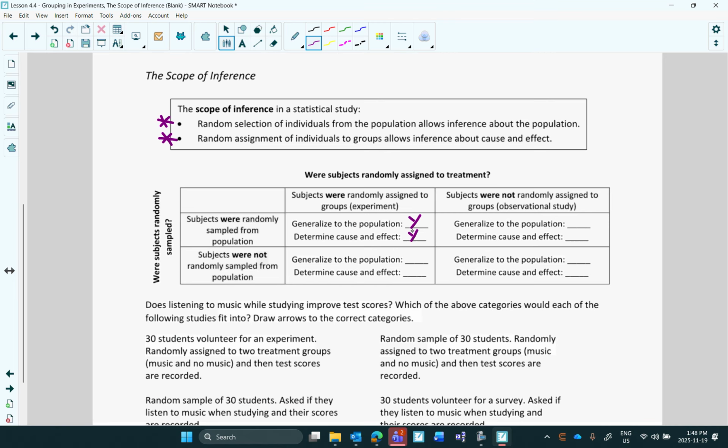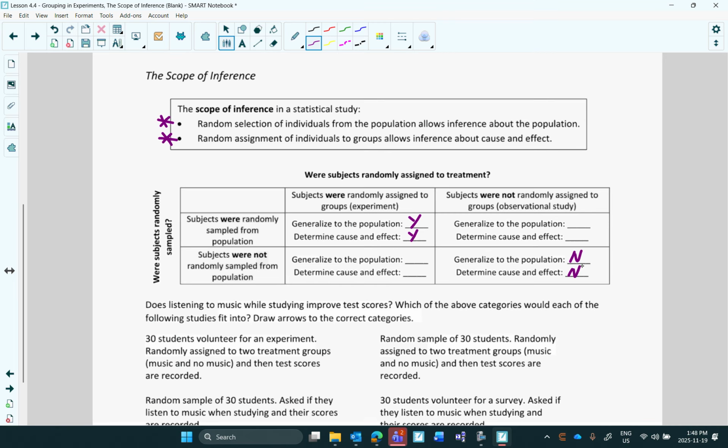I'm just going to jump over to this one here. If we did neither, then you can do none. Okay, if we did not randomly sample from a population and did not randomly assign them to groups and conduct an experiment, we can't make a conclusion about cause and effect. We can't generalize it to the population we got the people from.